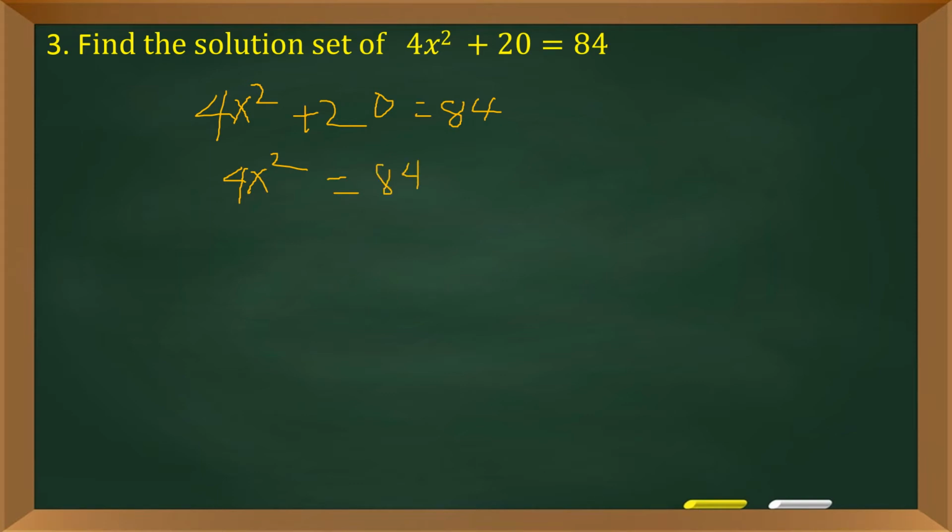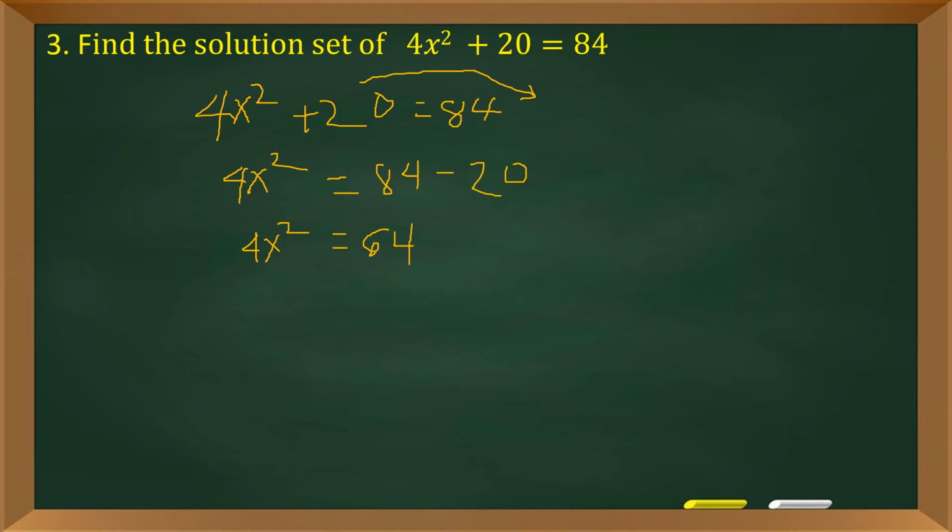Then, originally, positive siya. So, shortcut ng addition property of equality is transposition. So, magiging negative 20 na siya. So, 4x squared is equal to, what is 84 minus 20? Of course, that is 64.